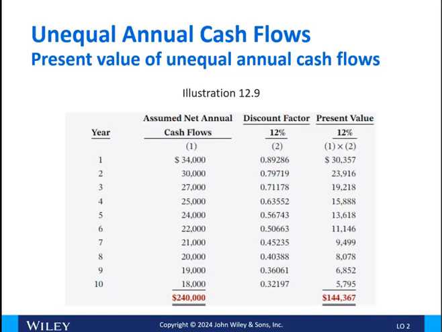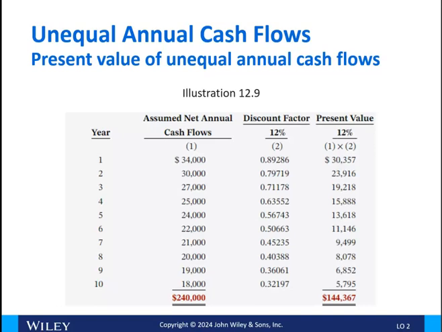We're still using that 12% column, but first year we go to period 1, next year period 2, next is period 3, and so on. You see the further out you go, the lower the number, so the lower the present value is.